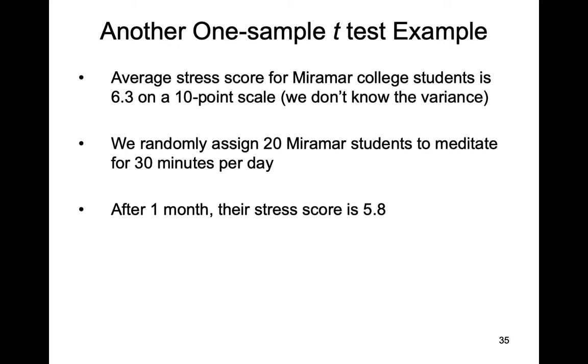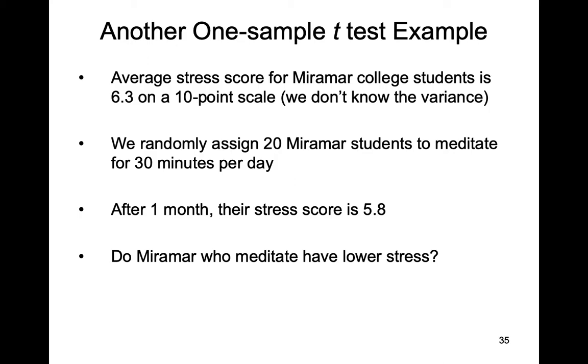Then, after 1 month, we find out that their stress score is 5.8. We want to know whether this intervention has been successful. Do Miramar students who meditate have lower stress?